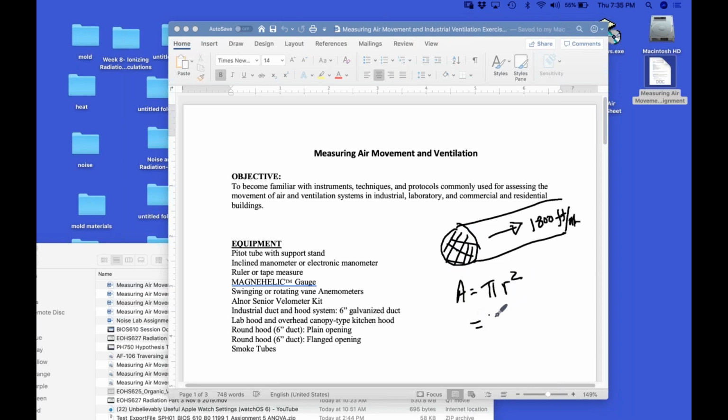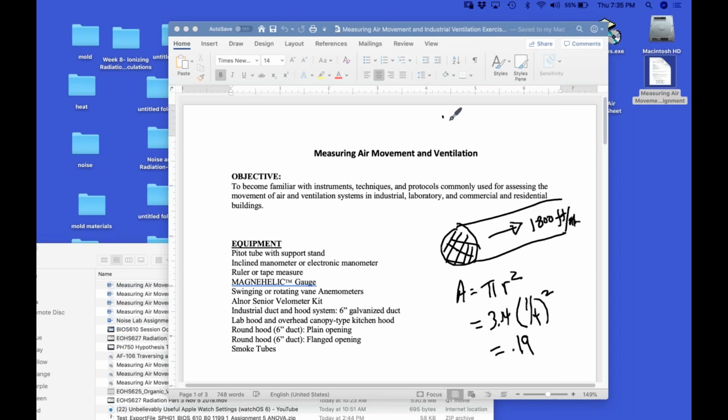The area is 3.14 pi times the radius, which is 1/4 of a foot, 1/4 squared, right? So 0.25 times 0.25 times 3.14, that area came out to be 0.19.